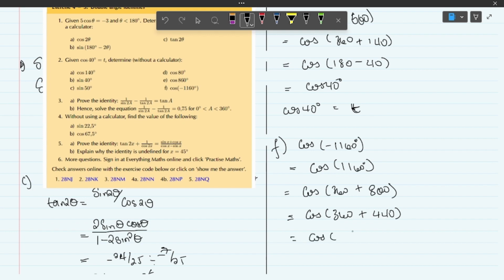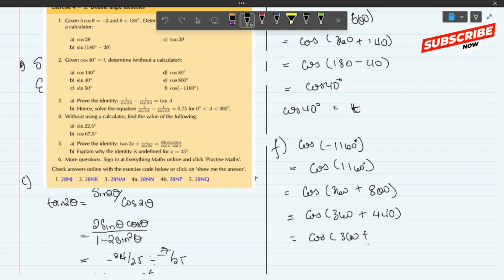It's gonna be cos 440. It's gonna be 360 plus what, guys? Let's think. It's gonna be 360 plus 80.